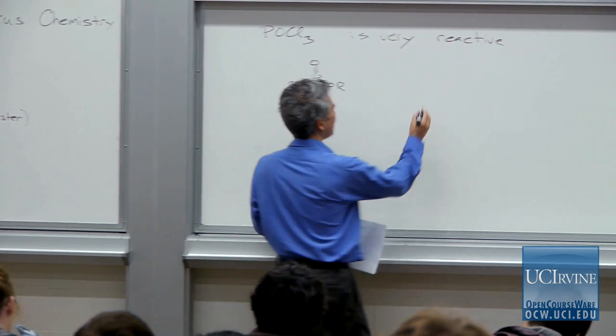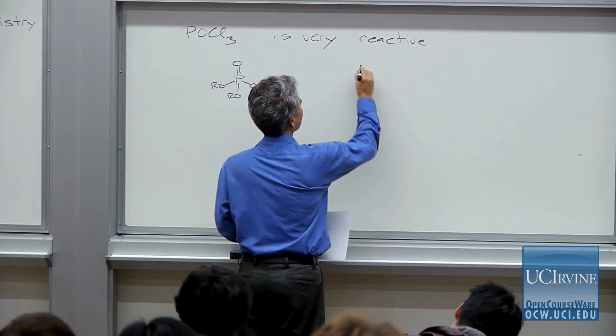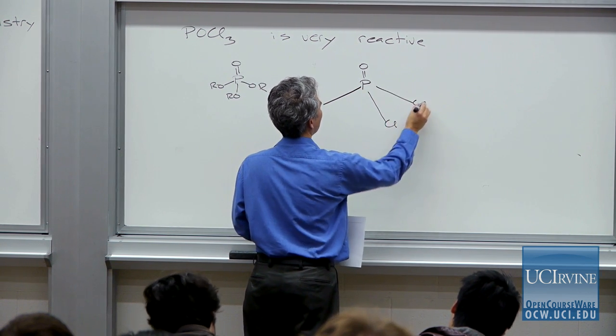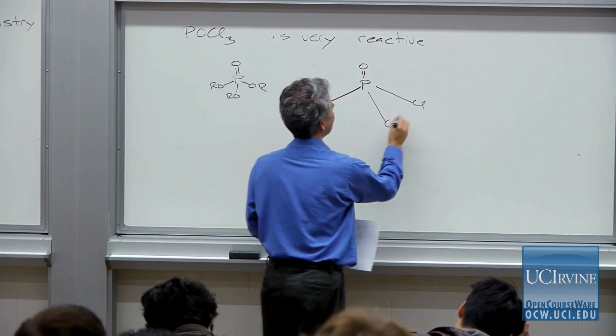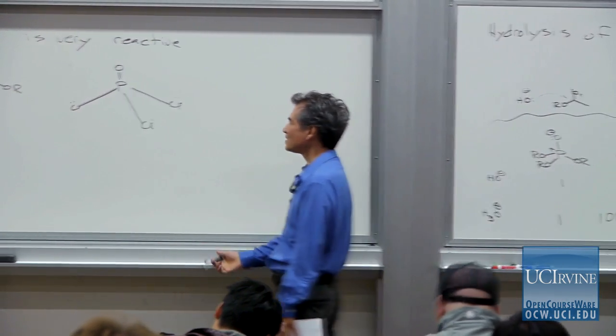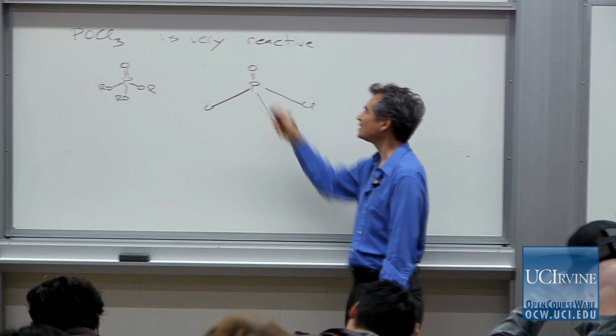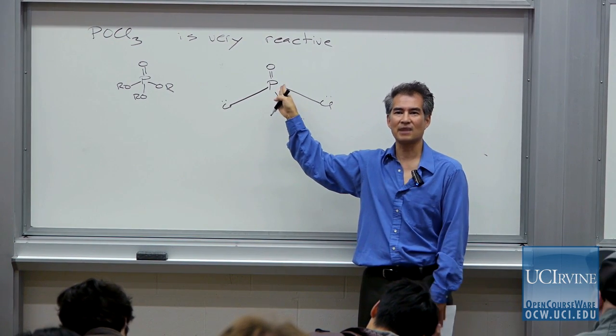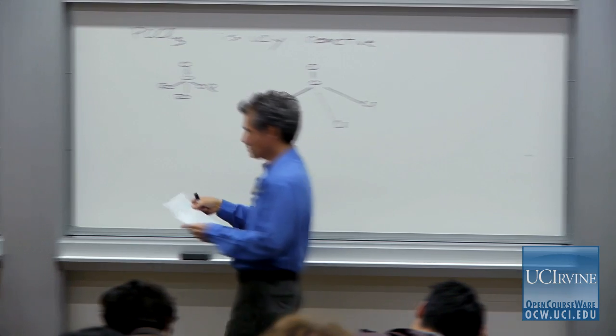But we come back over to phosphorus oxychloride, and I'll try to exaggerate this. Okay, yeah, there's things with lone pairs, but those lone pairs are way, way, way away from the phosphorus. Chlorine's electronegative, but those lone pairs are not really deactivating the phosphorus. This is extremely reactive. This is nothing like a regular phosphate ester in terms of reactivity.